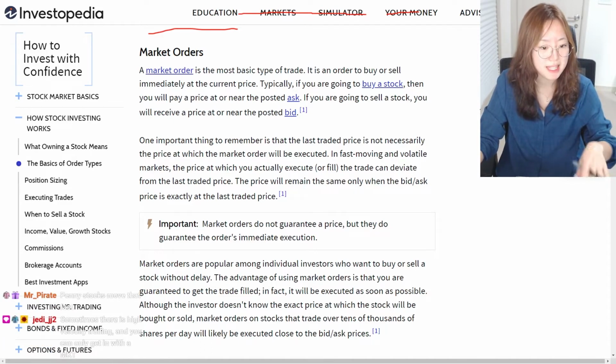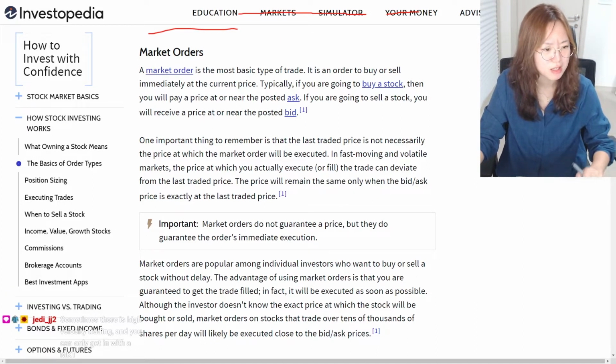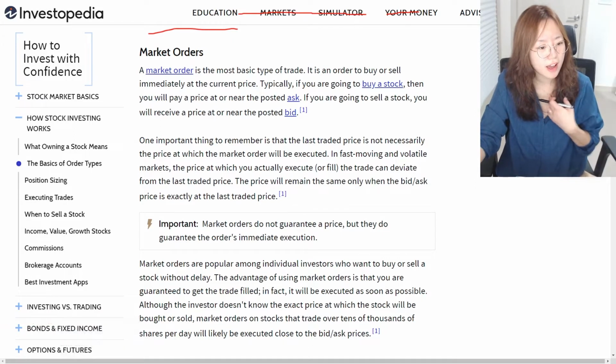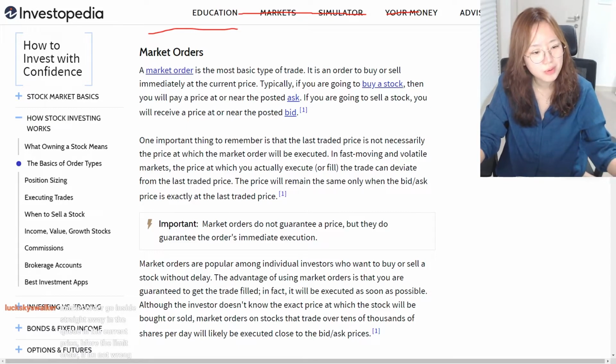The price will remain the same only when the bid/ask price is exactly at the last traded price. So if I have my order at $10.49 and it's been asked and it's at $10.39 right now, then I won't buy.